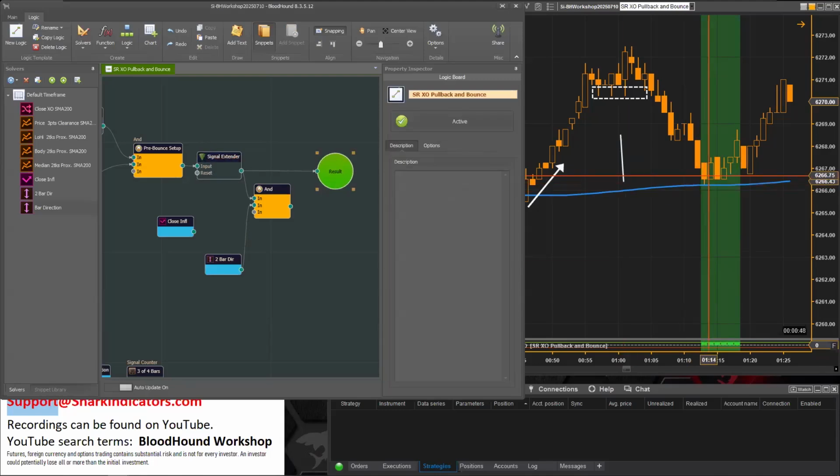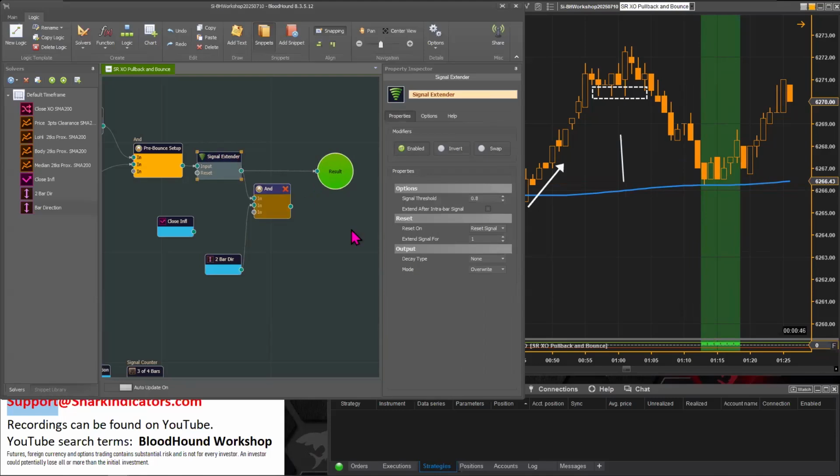So I was thinking here that you might have to extend the signals a little bit further. As the more up bars you require, typically the more you're going to need to extend your signals forward here.